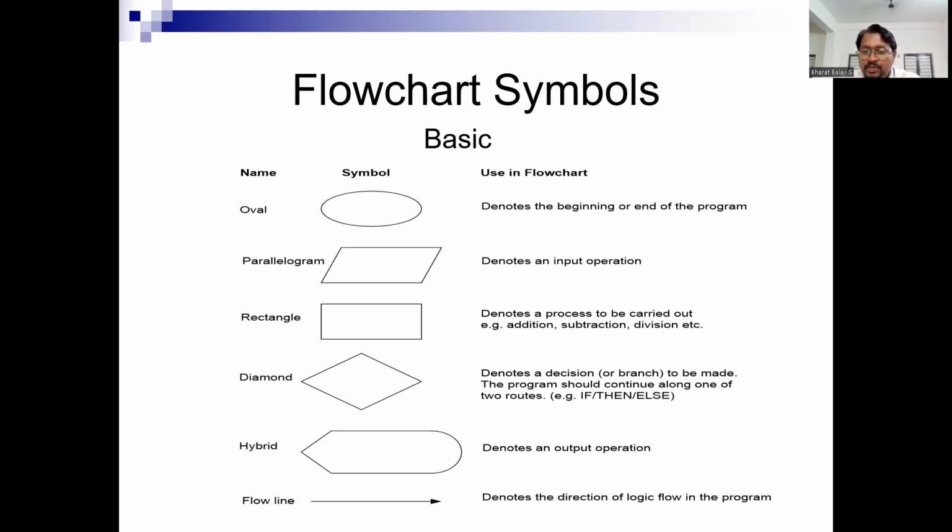The program should continue along one of two or more routes. Hybrid denotes the output operations, though generally we don't use it in the syllabus. Flow lines, or control lines, are arrow marks denoting the direction of logic flow in the program.